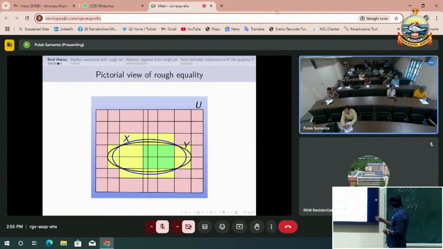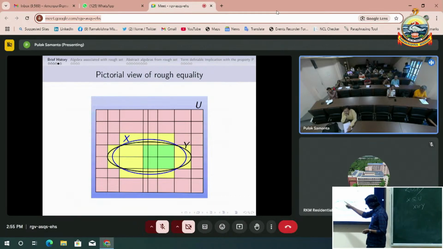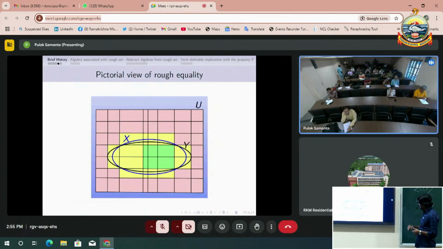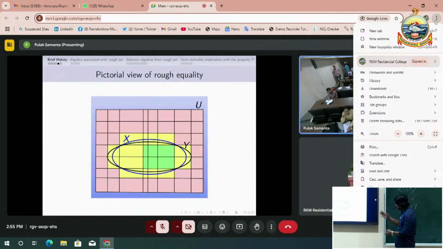Pictorially, X and Y are actually not equal in conventional set theory, but they are roughly equal, since X lower is the same as Y lower and X upper is the same as Y upper.